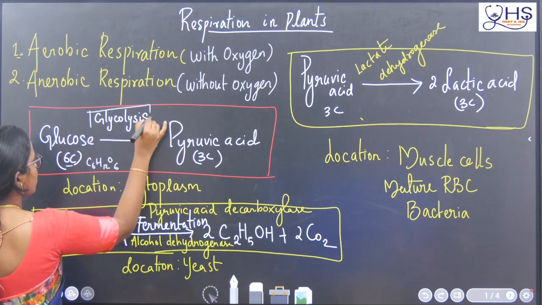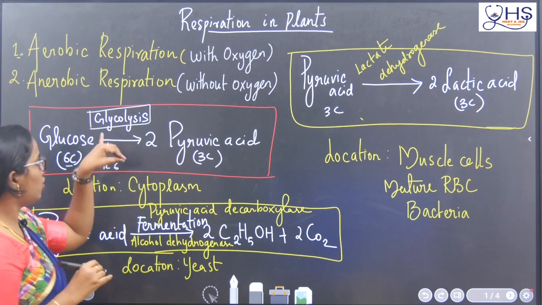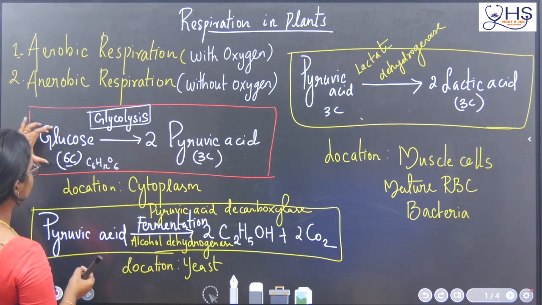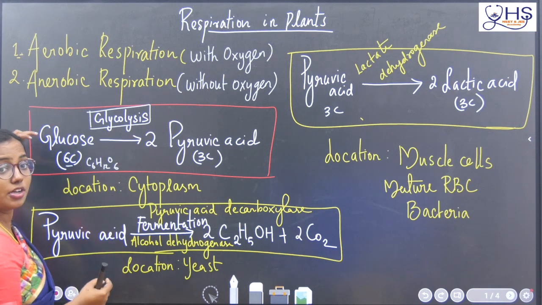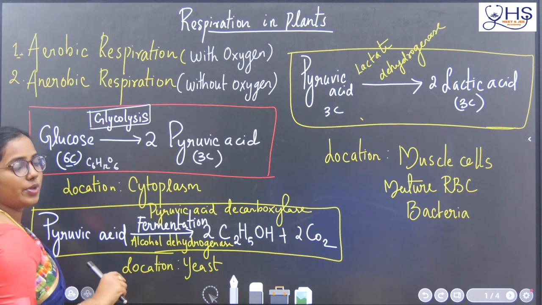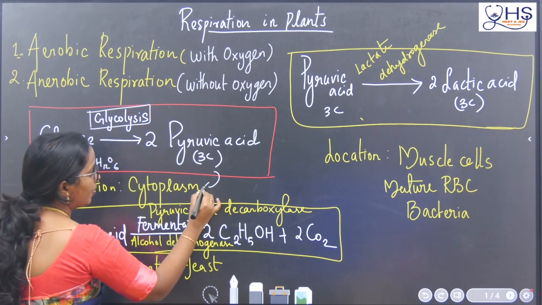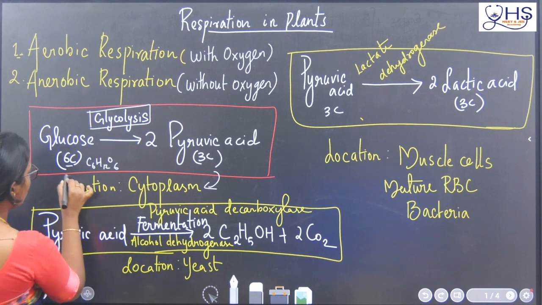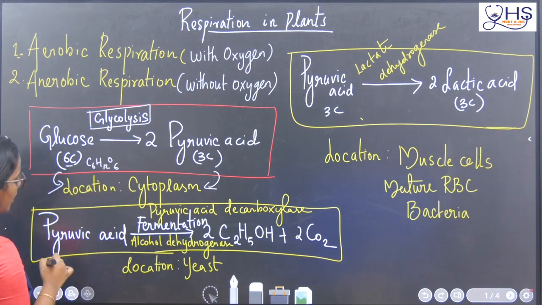This process is called glycolysis. So glyco means glucose, lysis means breakdown. So glycolysis அப்படின்ற processல 6 carbon இருக்க ஒரு glucose molecule will be broken down into 2 molecules of pyruvic acid. So இந்த process எங்க நடக்கும் அப்படினா inside the cytoplasm of a cell. So location for glycolysis is cytoplasm.